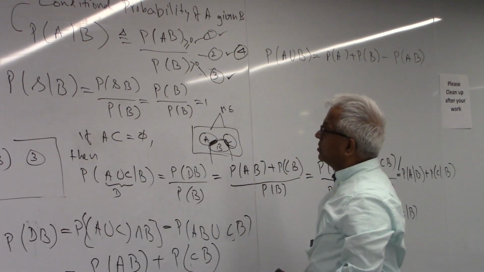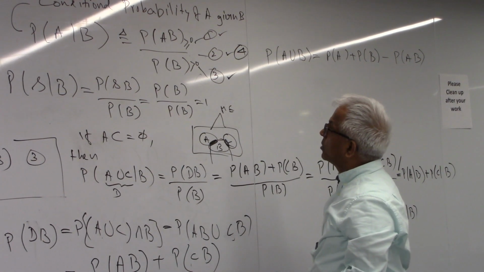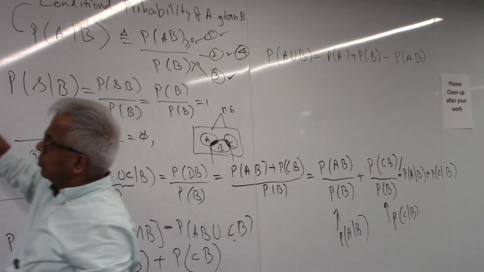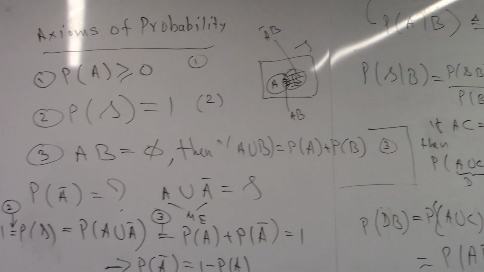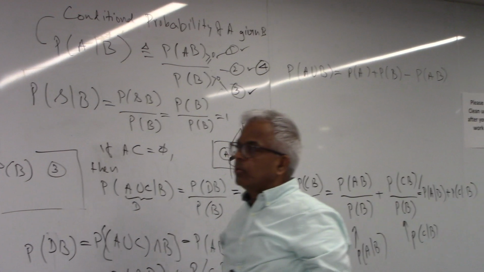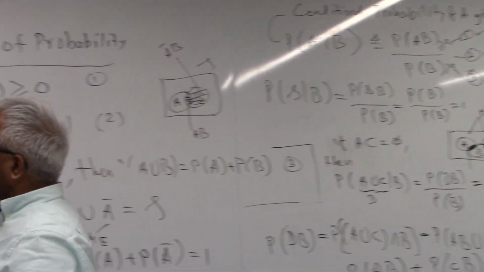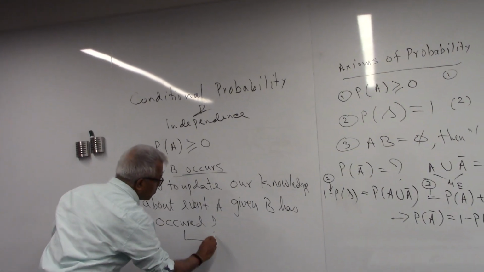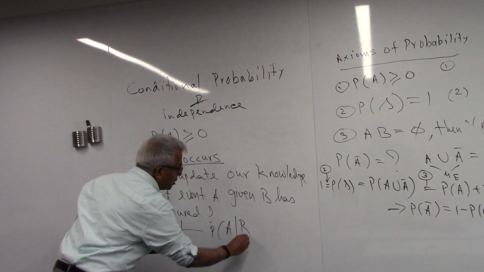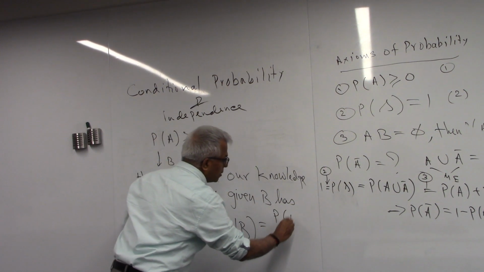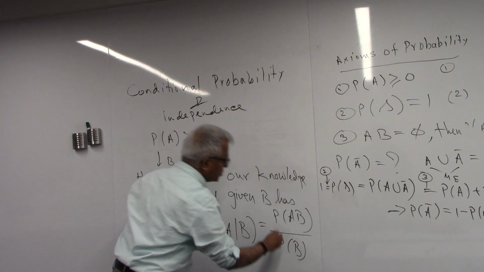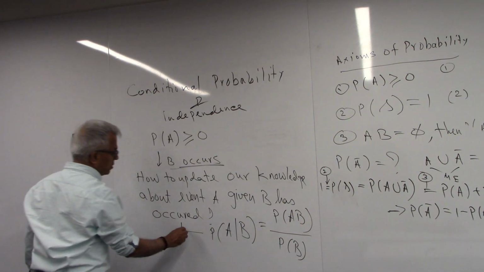So whoever came up with this definition for conditional probability, this one satisfies all three original axioms. So this is a legitimate way to update our answer about A. We go through P(A given B), which is P(AB) divided by P(B). This is the way we are going to update the information.